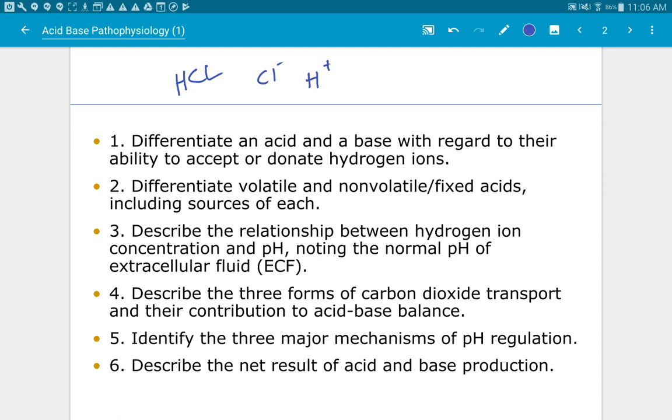Okay. And then bases are just the exact opposite. A base is something that can take hydrogen ions or get rid of hydrogen ions. A very classic example is a sodium hydroxide solution. If I throw that into water, I'm sure you all remember that it turns into the sodium ion, which we kind of just ignore. We don't care too much about it. But we do care about the hydroxide ion.